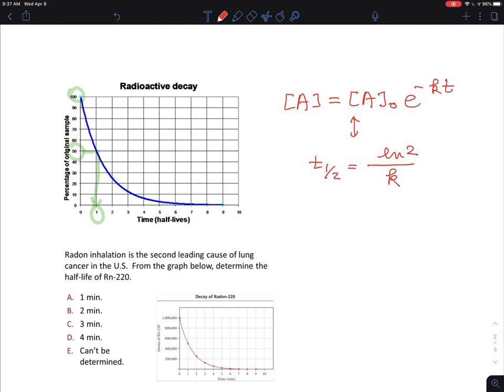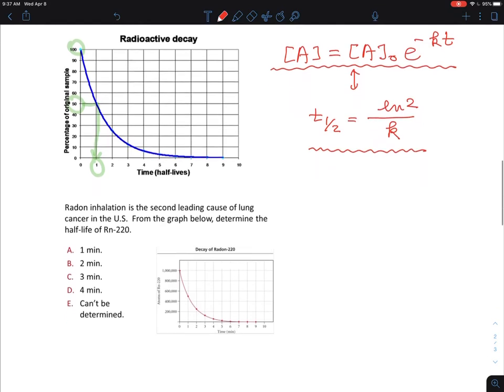So half-life is a way to measure the rate constant k, and they are related this way. This equation, half-life is natural log 2 divided by k, can be found from the reference sheet as well.